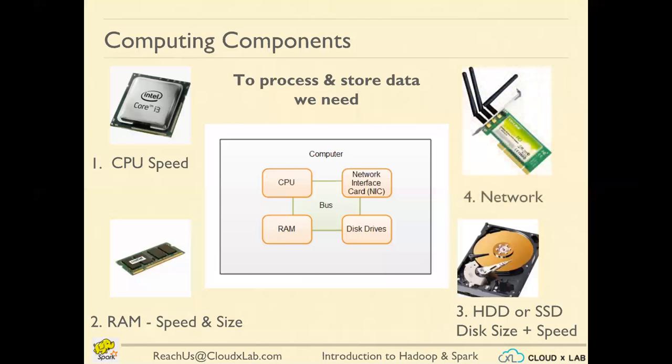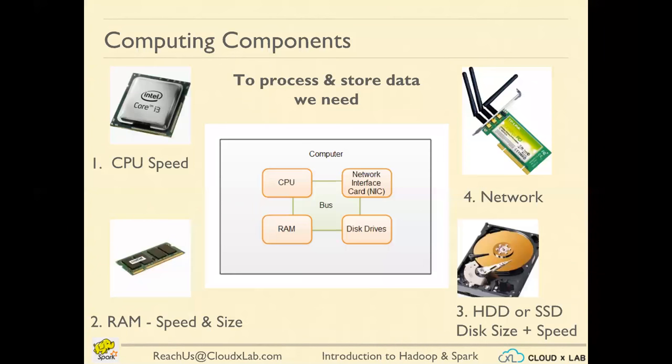The fourth component, which is largely ignored, is the network. Why does it matter today? In most cases, when we are reading data from a remote drive or from a remote server, the network plays a very important role.